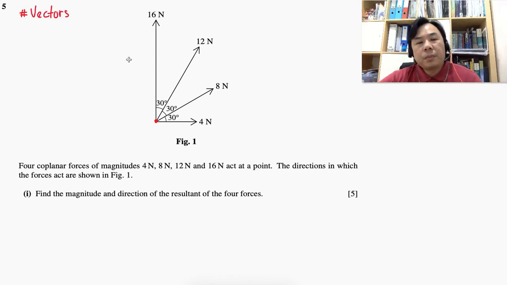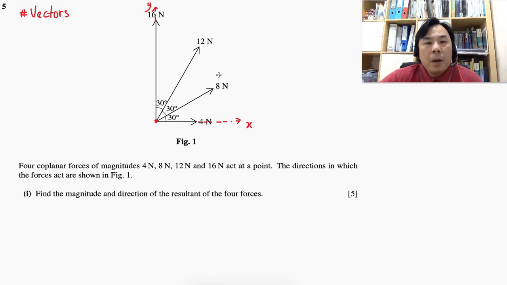By using vectors, I'm going to resolve, or represent, each one of these forces in its vector form, making an assumption this is in two dimensions, and then this section represents the x direction, and this part here represents the y direction, the vertical direction, with the horizontal direction here.